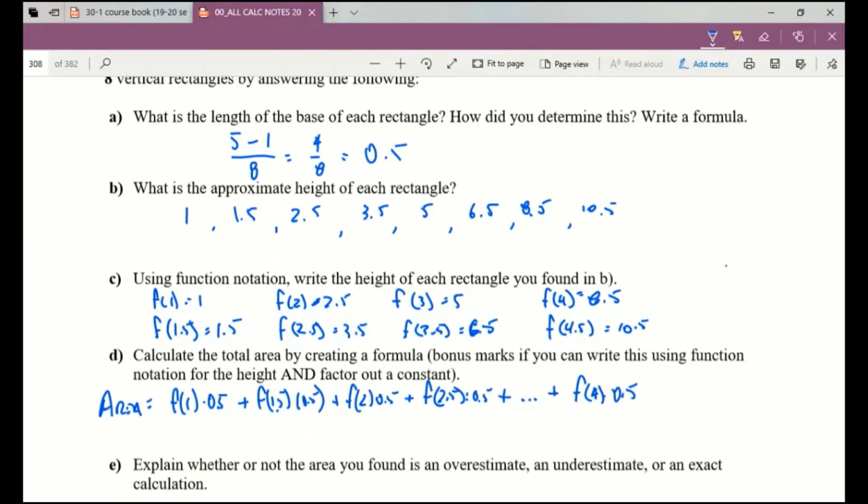And our last one ends up being f at 4.5 times 0.5. We factor out 0.5, which leaves us with f at 1 plus f at 1.5 plus f at 2, plus dot dot dot all the way up to f at 4.5.